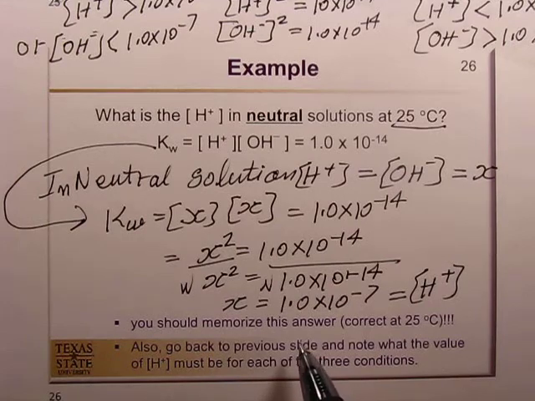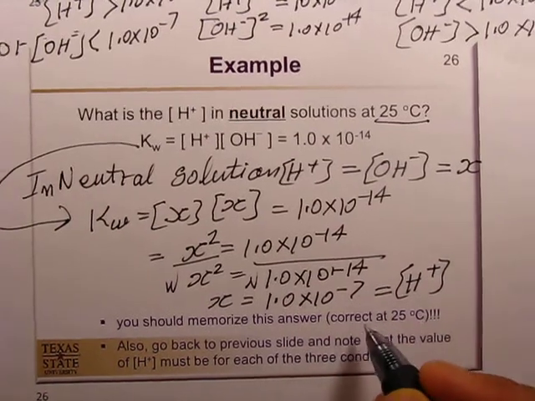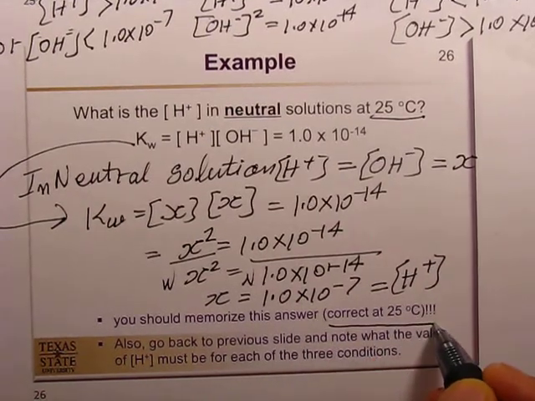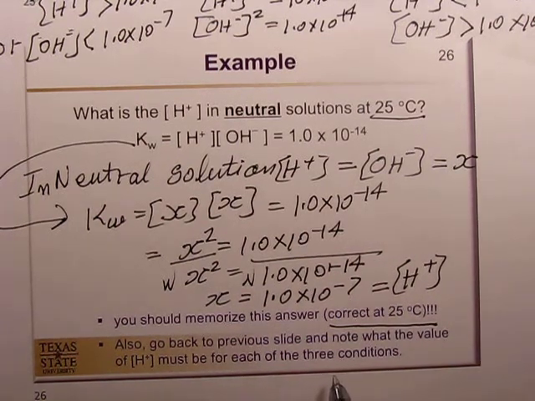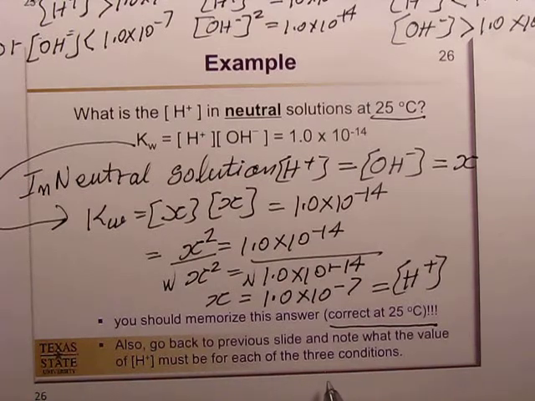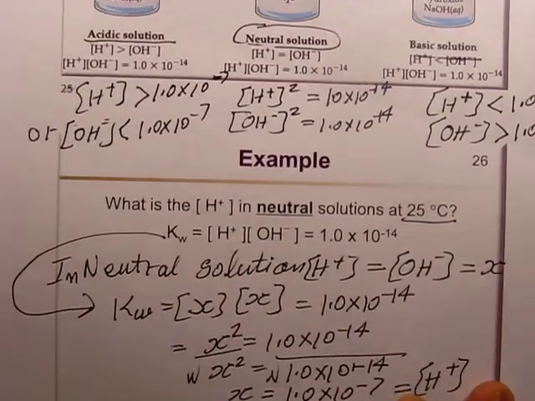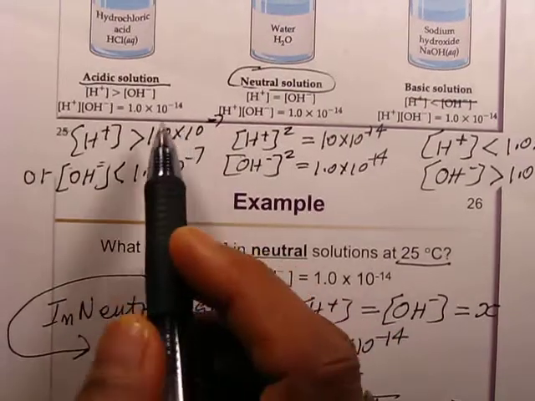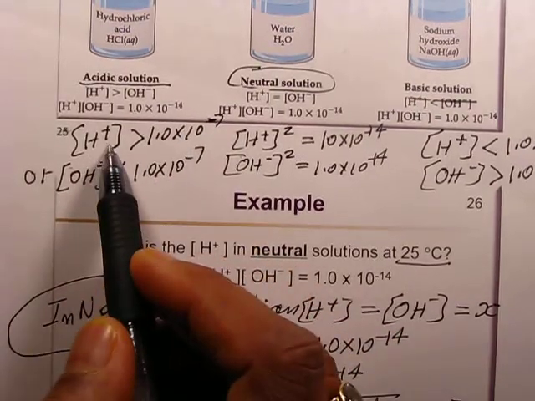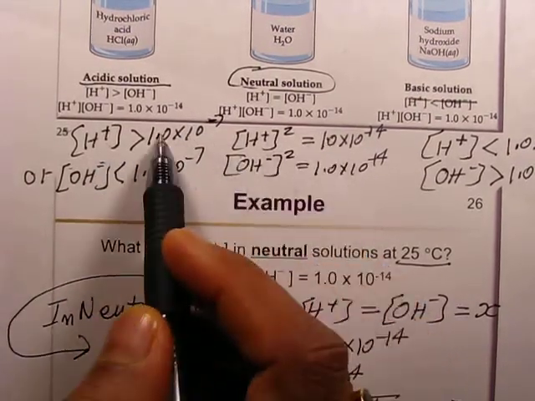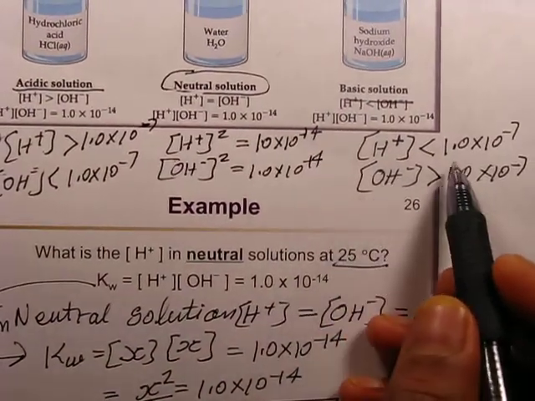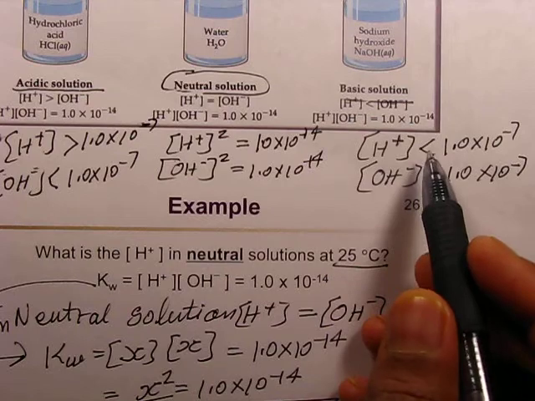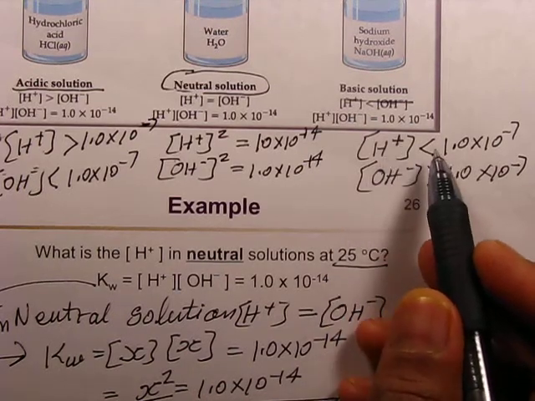So you should memorize this answer, which is correct at 25 degrees Celsius only. Also go back to the previous slide and note what the value of hydrogen ion must be for each of the three conditions. For acidic condition it will be more than the hydrogen ion concentration of the neutral one, and for basic solution it will be less than.